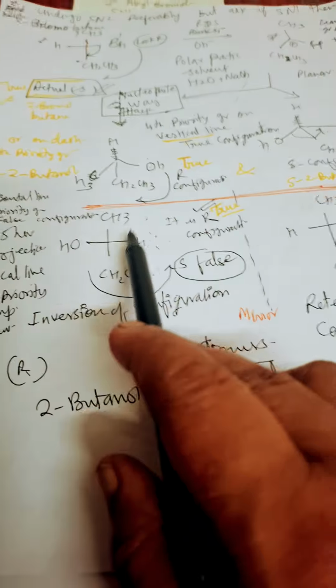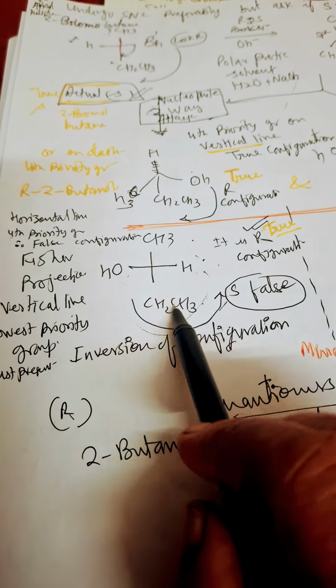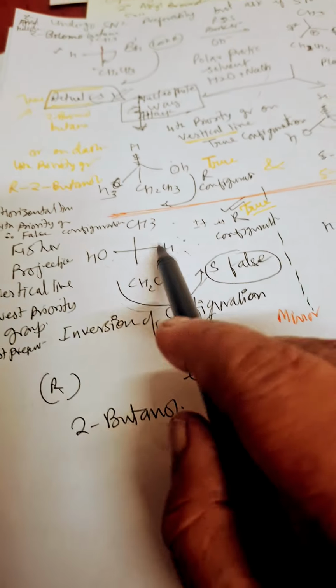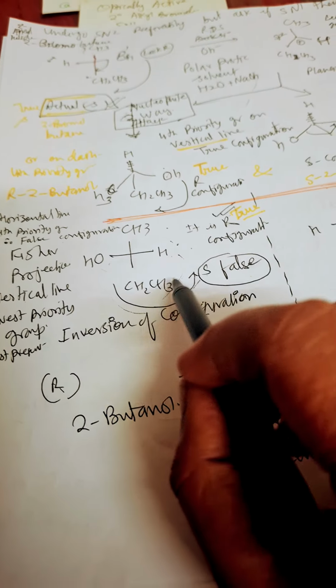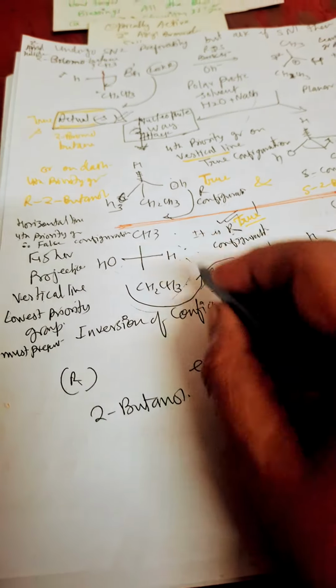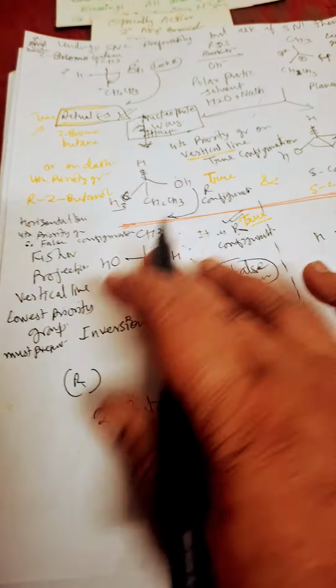Like that, here in the product obtained, it looks like R configuration. First priority, second priority, third priority, it looks like R configuration. So if this is false, S configuration false, R configuration is true, the reverse is true. Clear to you?